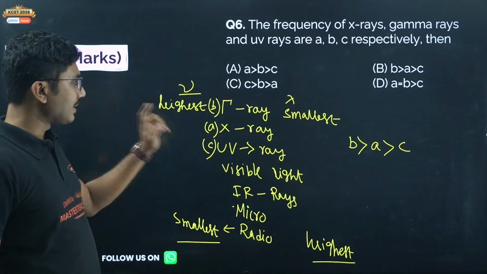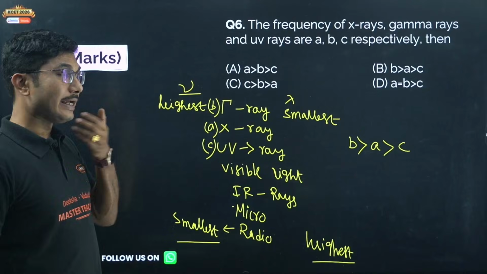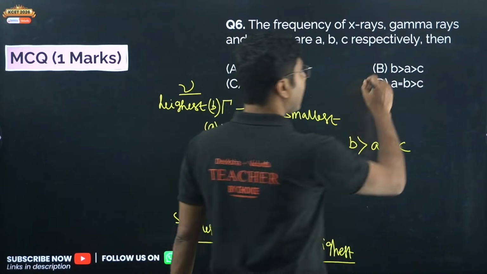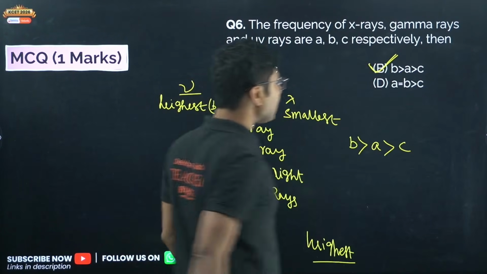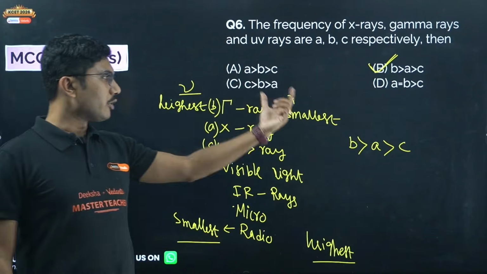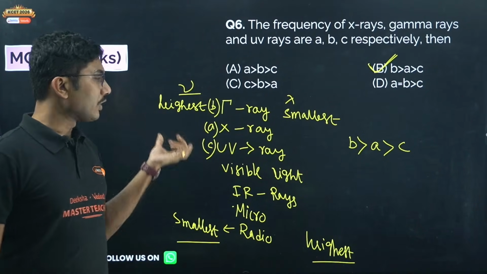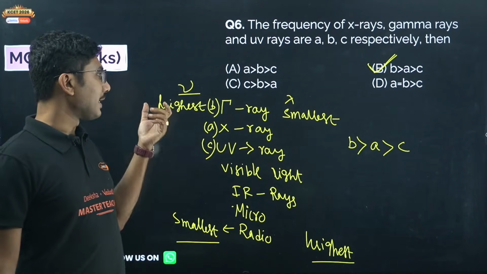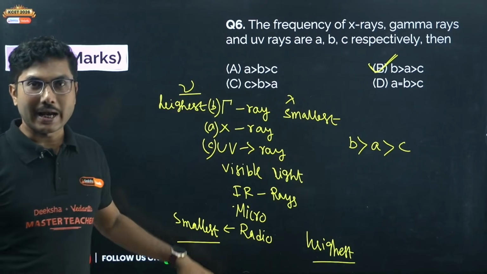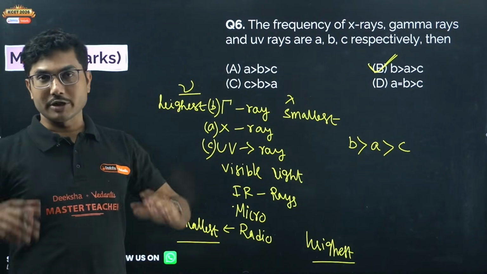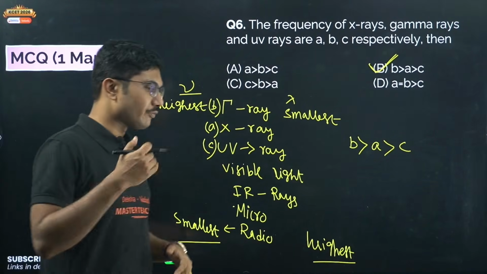So the correct answer is option B. Remember this order. In terms of wavelength, gamma ray is smallest, radio waves is largest. In terms of frequency, exactly opposite, that is gamma ray is highest and radio waves are smallest. Don't get confused between frequency and wavelength.